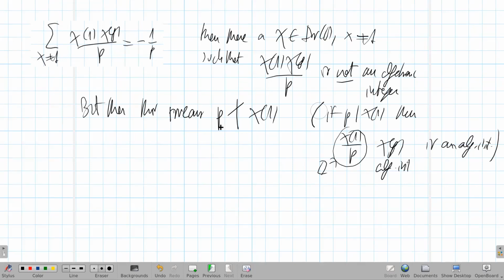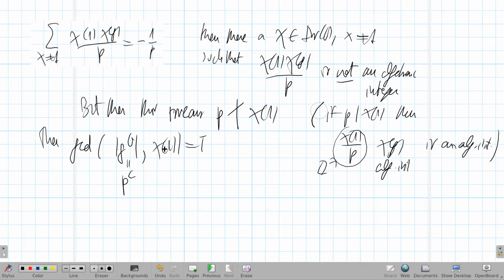But if p does not divide chi 1, then the greatest common divisor between the order of the class of G and chi 1 is 1, because we had assumed that this is of the form p to the c. And since the only non-trivial divisors of p to the c are powers of p, and p does not divide chi 1, they are coprime.